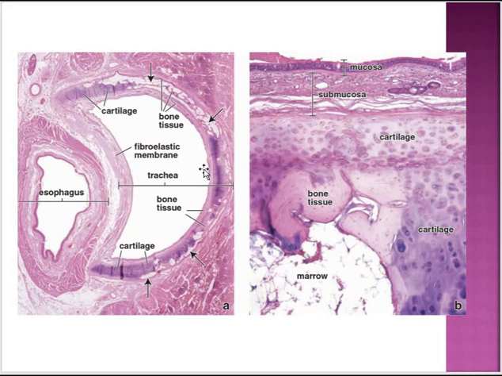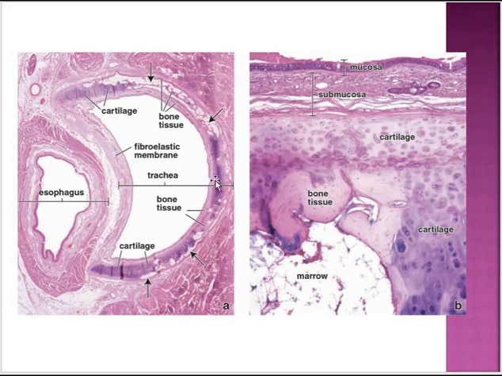Each C ring is positioned in such a fashion that its closed portion faces in an anterior direction, and has its own perichondrium. The perichondria of neighboring C rings are connected to each other by fibroelastic connective tissue.